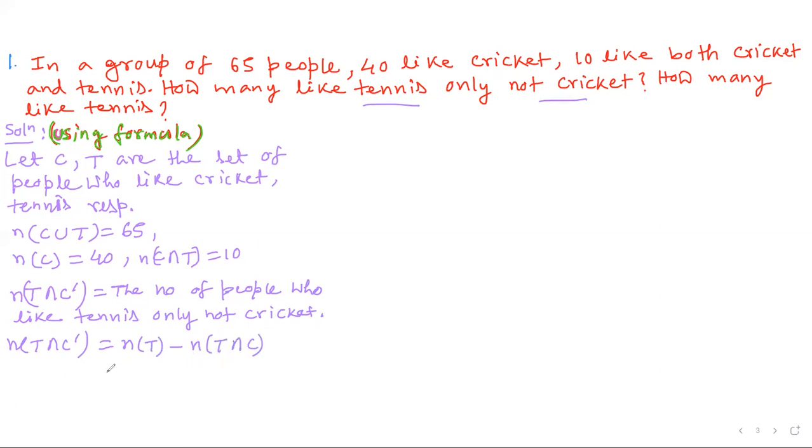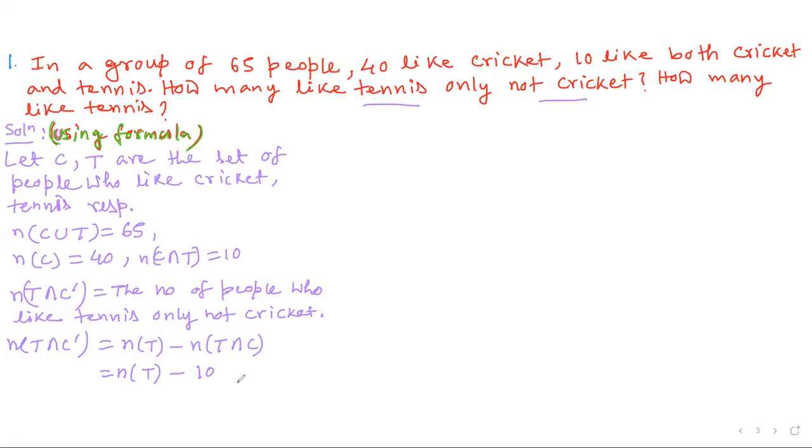Here cardinal number of T intersection C, that is given as 10. Cardinal number of T is unknown. So first we have to calculate cardinal number of T, that is the number of people who like tennis.